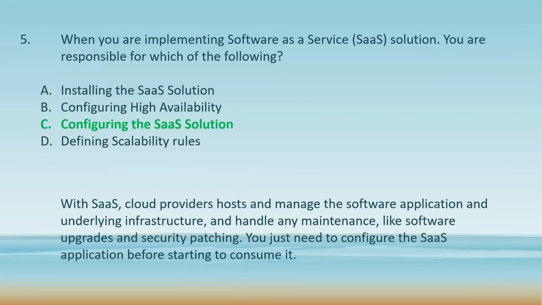So the correct answer is option C, configuring the SaaS solution. With SaaS, cloud providers host and manage the software application and underlying infrastructure and handle any maintenance like software upgrades and security patching. You just need to configure the SaaS application before starting to consume it.